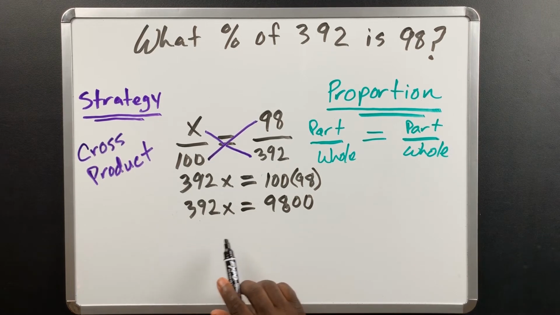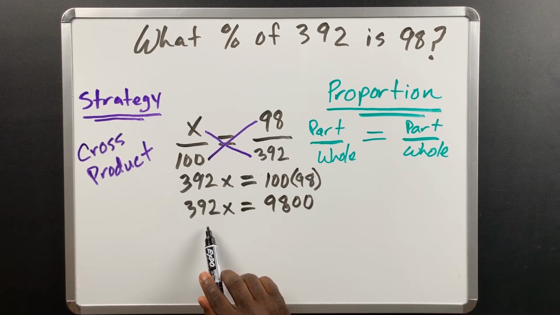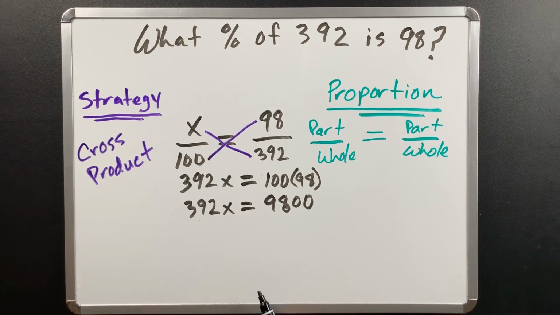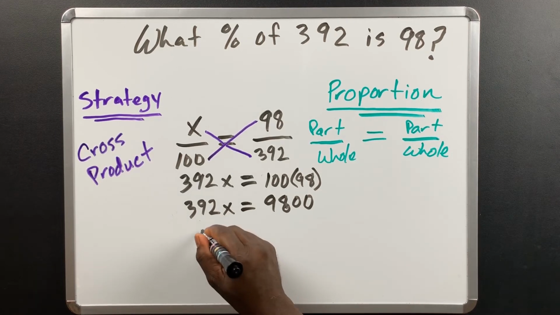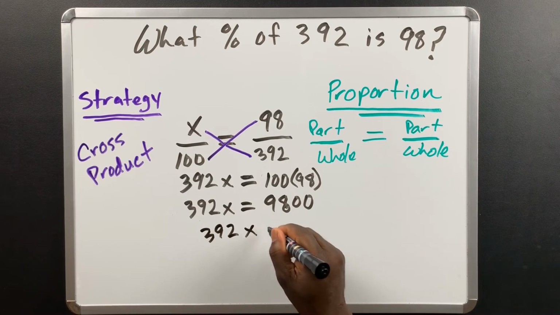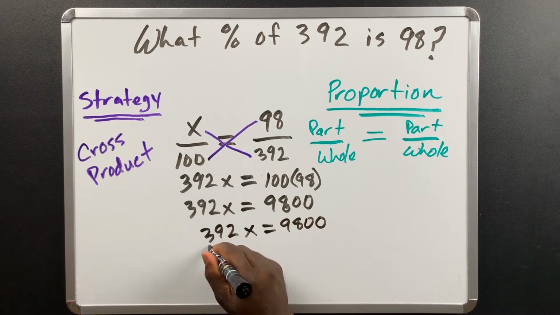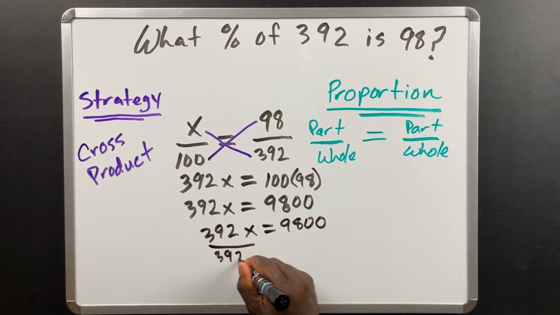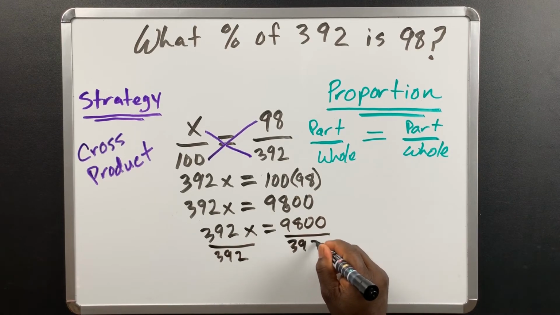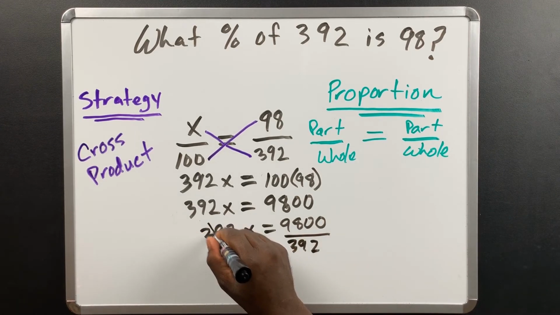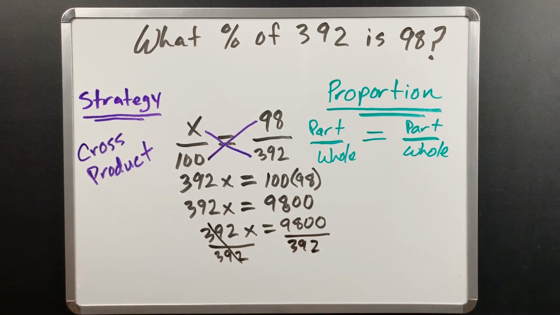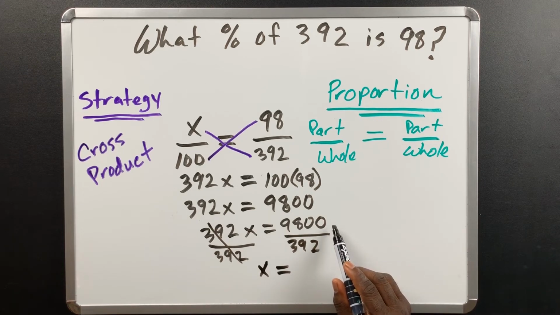So I'm going to write this again. 392 times x equals 9,800. We're going to divide this side by 392. Whatever you do to one side of the equation, you have to do to the other. That's called balancing the equation. Any number divided by itself is equal to 1. Bring down x equals, and we have 9,800 divided by 392.